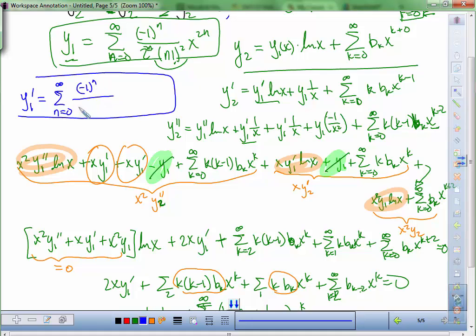These are all constants. And the derivative here is just going to be 2n, and this is x to the 2n minus 1. And when n is equal to 0, this thing goes away, so we can really just start this when n is equal to 1.